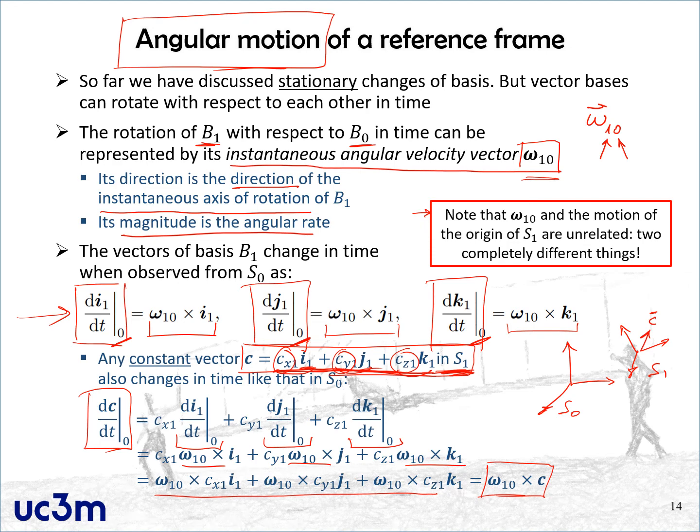So the expressions that we just saw for the vectors of the basis are not only good for the vectors of the basis, but for any other vector that is constant, okay? The derivative in 0 of a vector that is constant in 1 is just this rotational term that involves the angular velocity, okay? Observe in particular that, of course, the vectors I1, J1, and K1 are constant vectors in 1, okay? So the rule applies as well there.